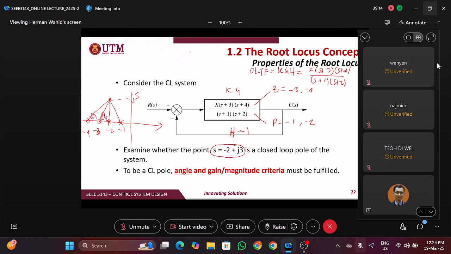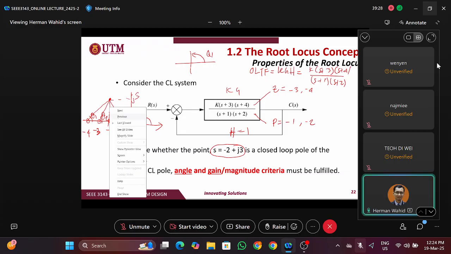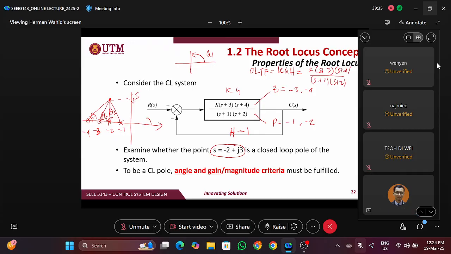The angle should be taken from quadrant 1, from here to here. So this is theta 1, theta 2. This is theta 3. Basically, theta 3 is a 90 degrees angle. And theta 4 is this one, theta 4.